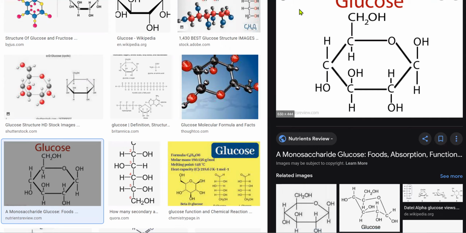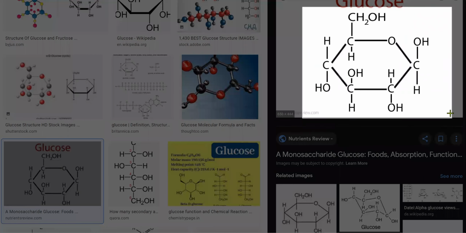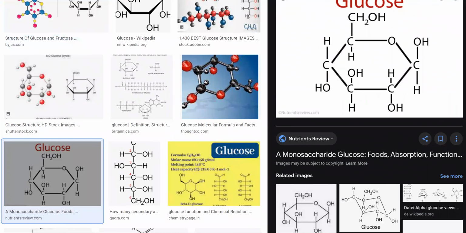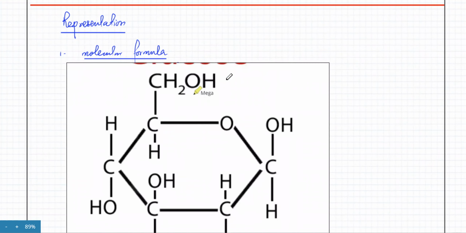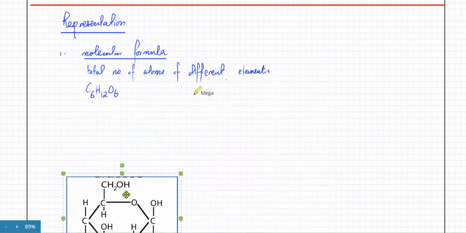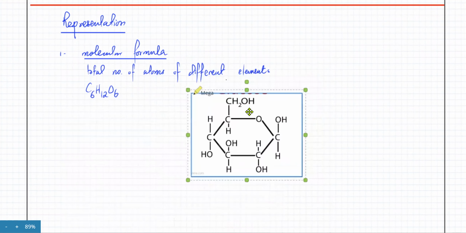I'll just copy paste this. So what you don't get is this information, like how are they bonded to each other, right? So all this information is missing. Like where is the carbon, where's the oxygen, where's the hydrogen, all of this stuff is missing.